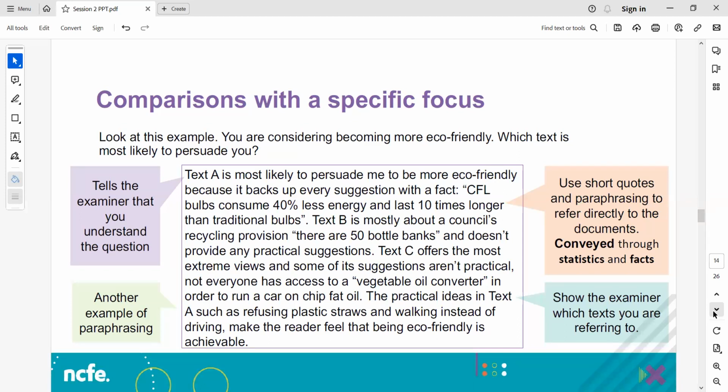So we've got facts, statistics, speech marks. We can see there are quotes from each text there. Text A, text B, text C are referred to. And again, we've got some paraphrasing in the last couple of sentences. So does anyone have any questions about that answer?